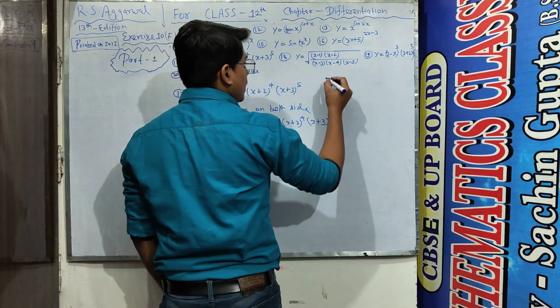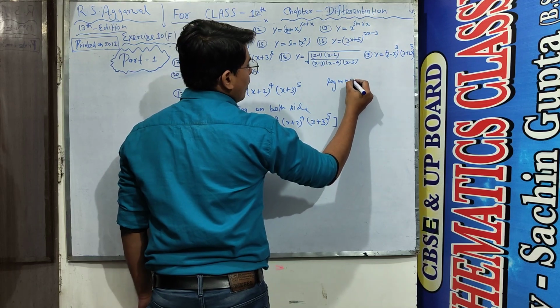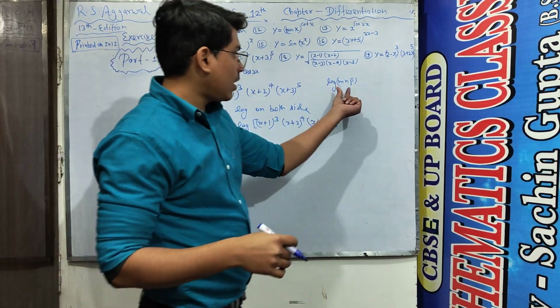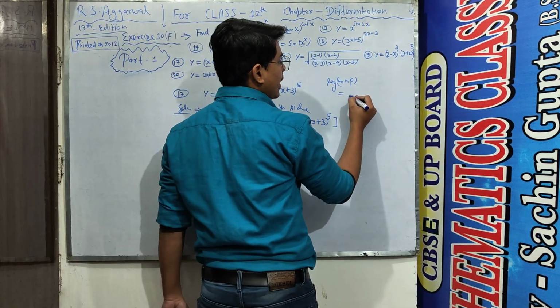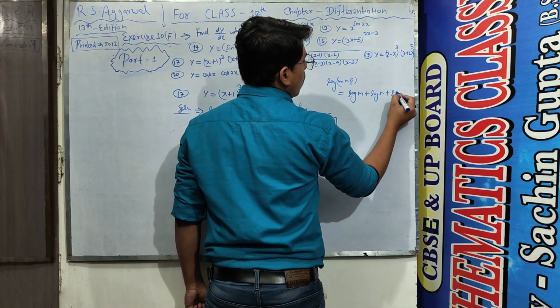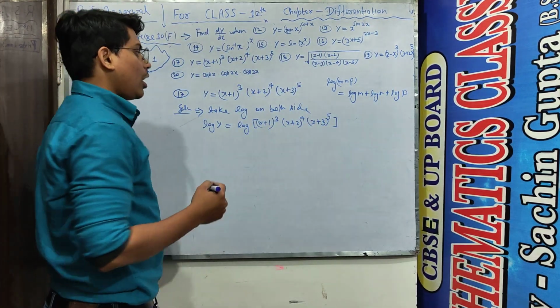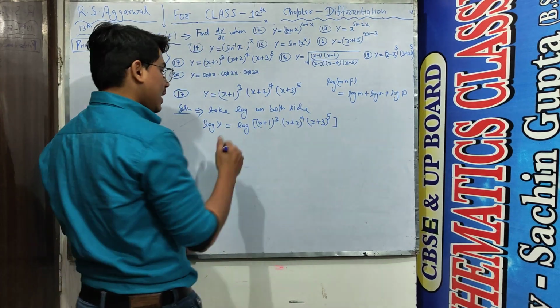And, student, one more thing: whenever log of m times n times p is written, that is, when values are written in multiplication, we write it like log m plus log n plus log p. Now, student, these three functions are also written in multiplication.